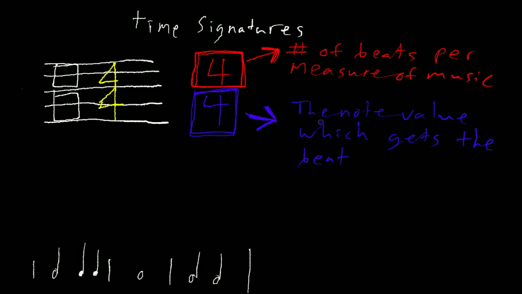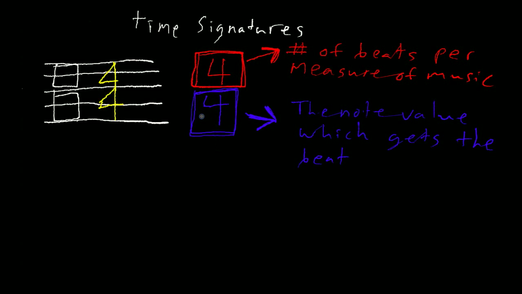I wrote down, in a harried fashion, that this bottom number is the note value which gets the beat. I want to have a little bit of an aside right now to give you some intuition, because realistically, in this bottom number you're only really going to see three, possibly four different numbers.